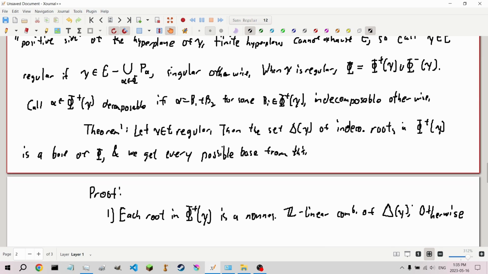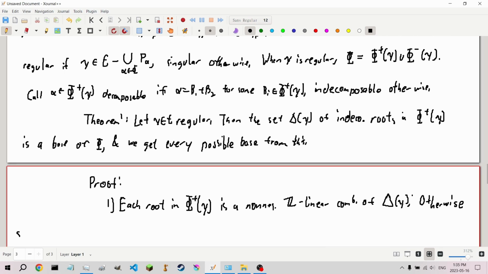Otherwise, we have that some alpha in phi positive of gamma cannot be written this way.